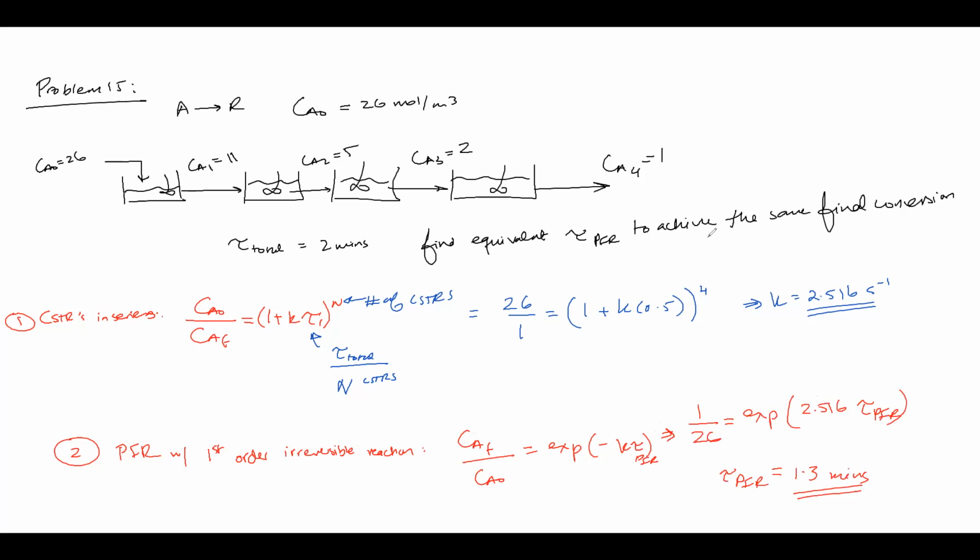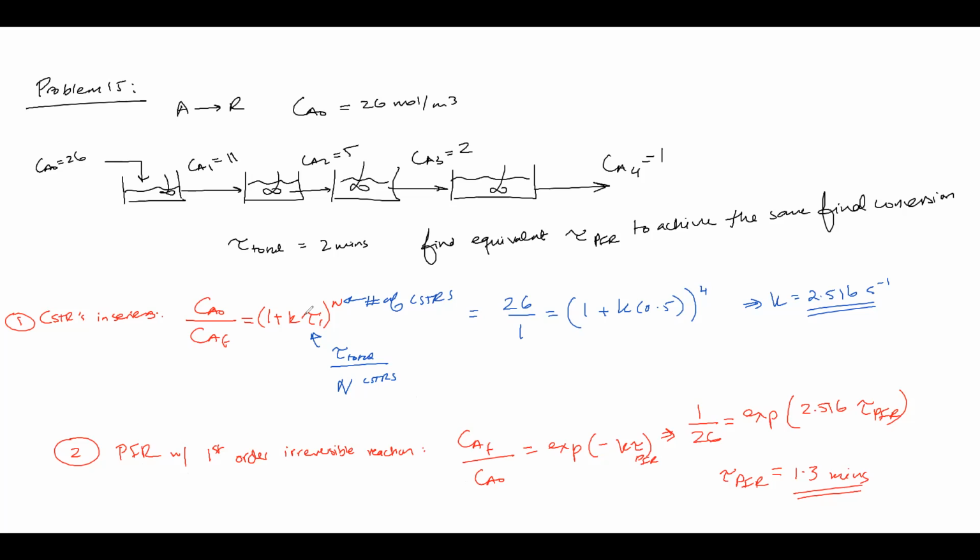Now, on the test, you might get something very similar, but instead you're going to have a PFR with a second order reversible reaction, for example, or an nth order reversible reaction, and the logic is the same, right? The performance of n CSTRs in series is equal to the performance of 1 PFR.